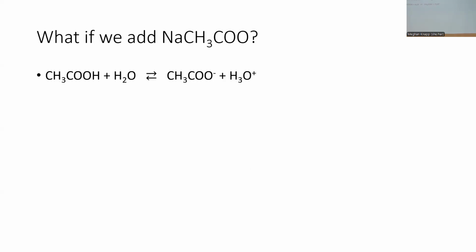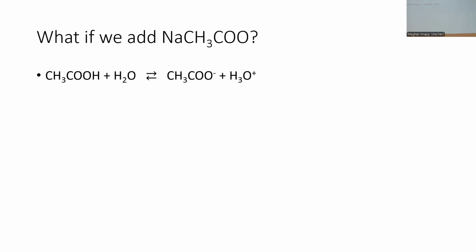Let's think about Le Chatelier. If I increase the CH3COO minus, now I can't have a bottle full of negative ions. They have to have something positive with them. So the way I'm going to increase those ions is with sodium acetate. So you see there at the top, it says sodium acetate. Sodium is a spectator ion.